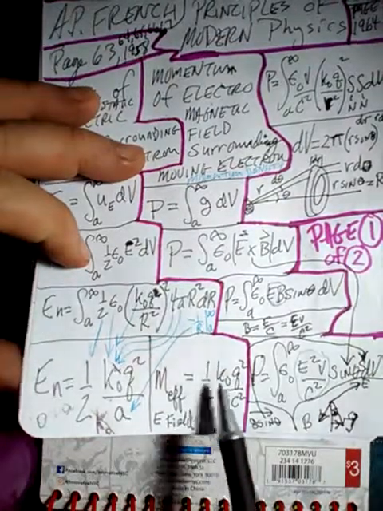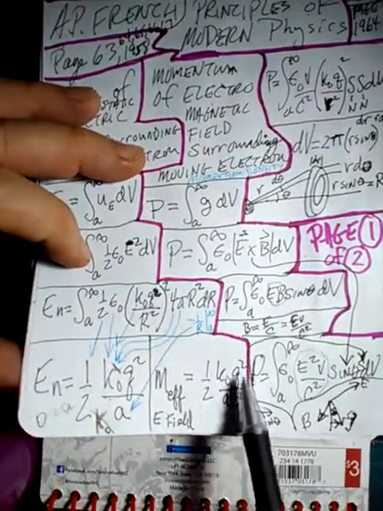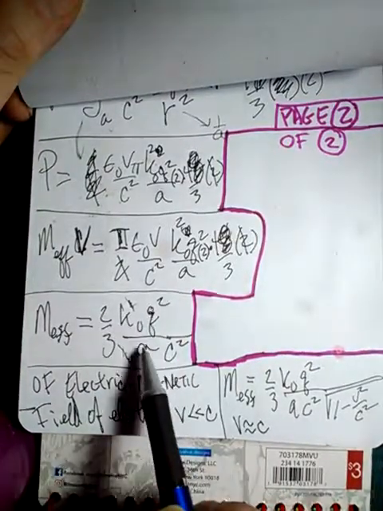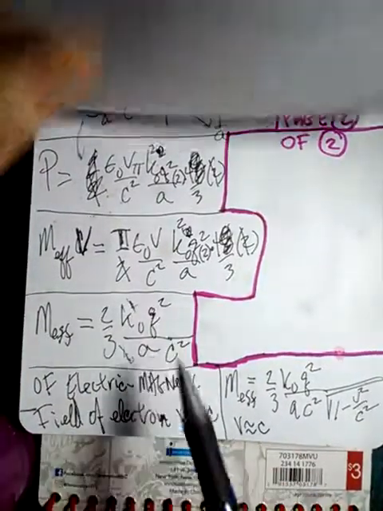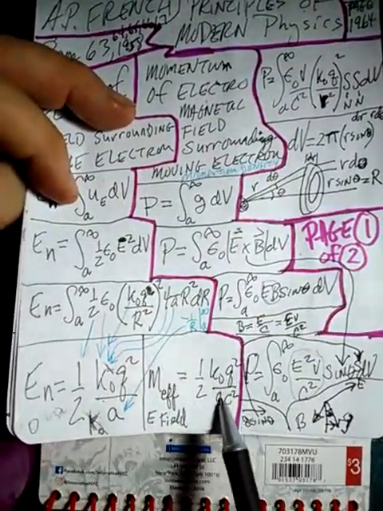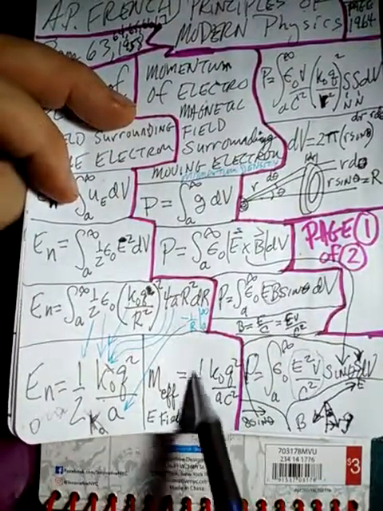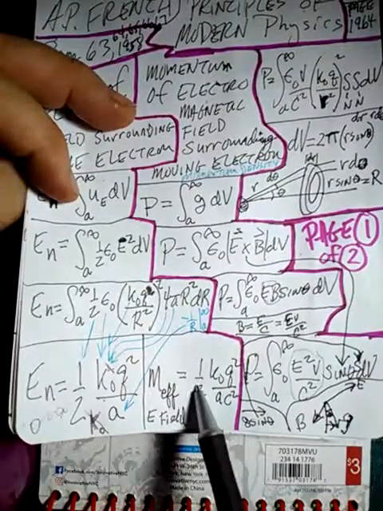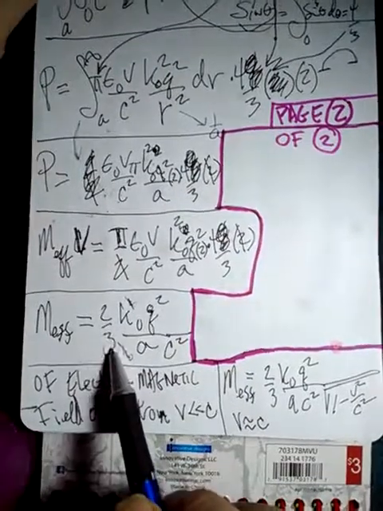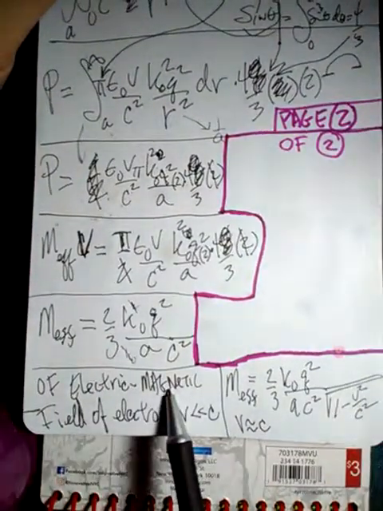Before it was 1/2 k naught q squared a over c squared. Here now it's 2/3 k naught q squared a over c squared. So all of these are the same. It's just the front numbers that have changed. It's changed from 1/2 for only the electric field and not moving to 2/3 for electric and magnetic, and it's moving.